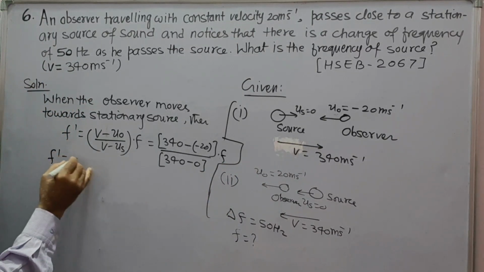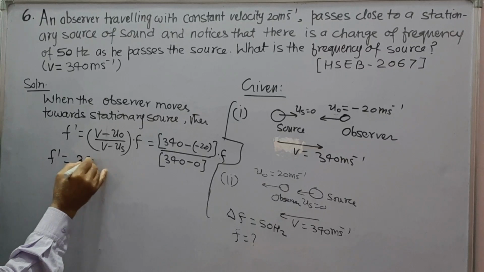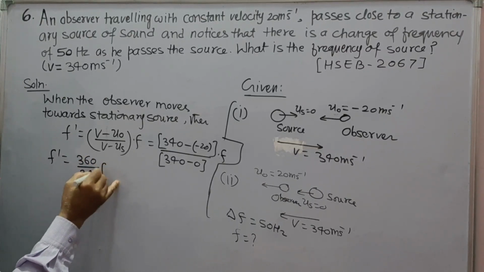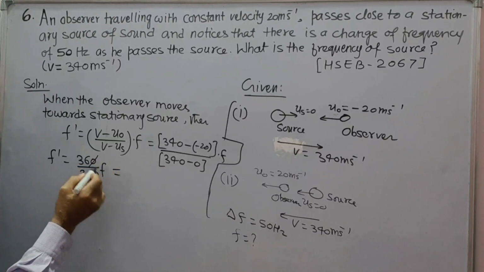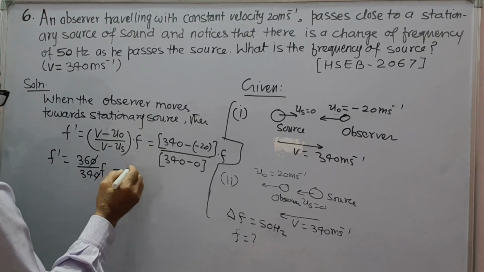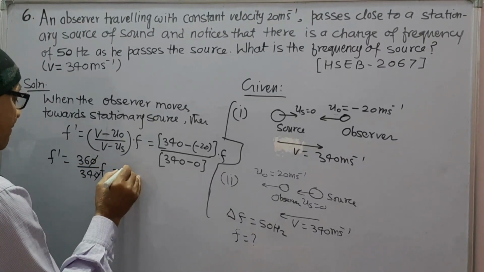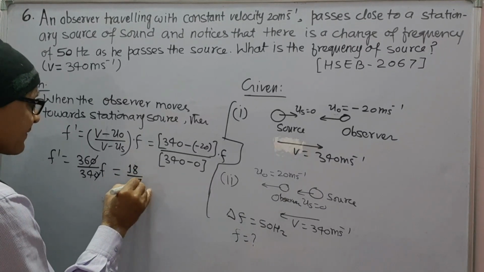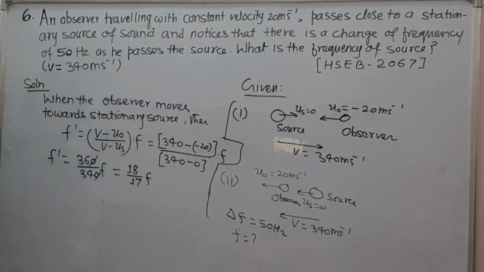f dash will be equal to 360 upon 340 f, 0 cancels, which is 18 upon 17 f.